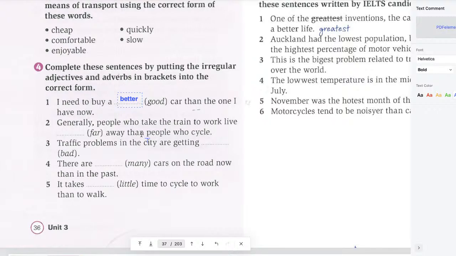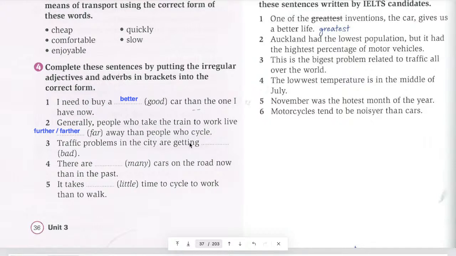Number 2, Gia Hằng. Further or farther, okay? We have two options here. So generally, people who take the train to work live further or farther away than people who cycle.